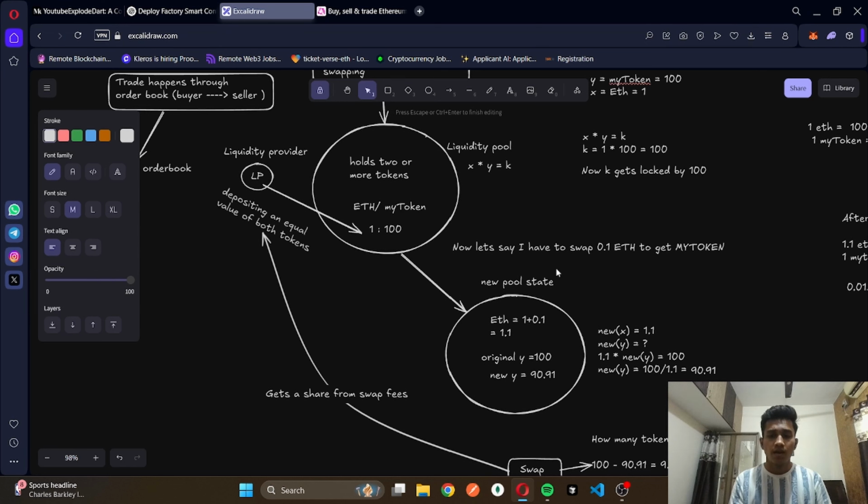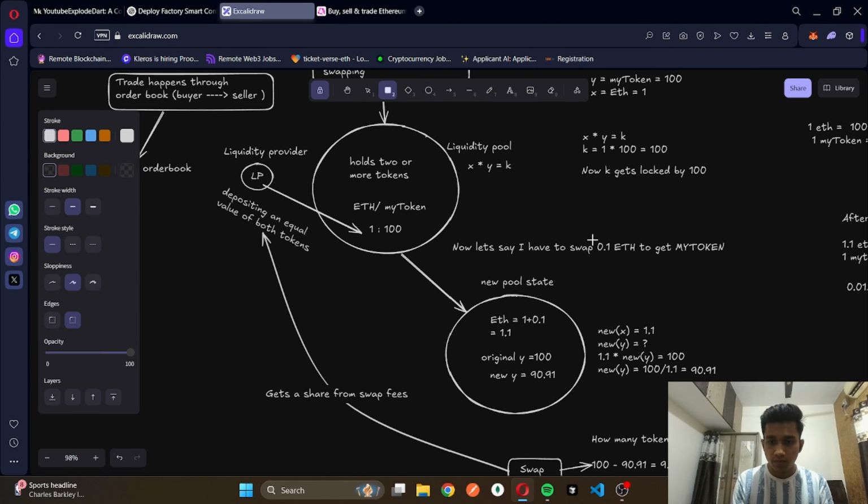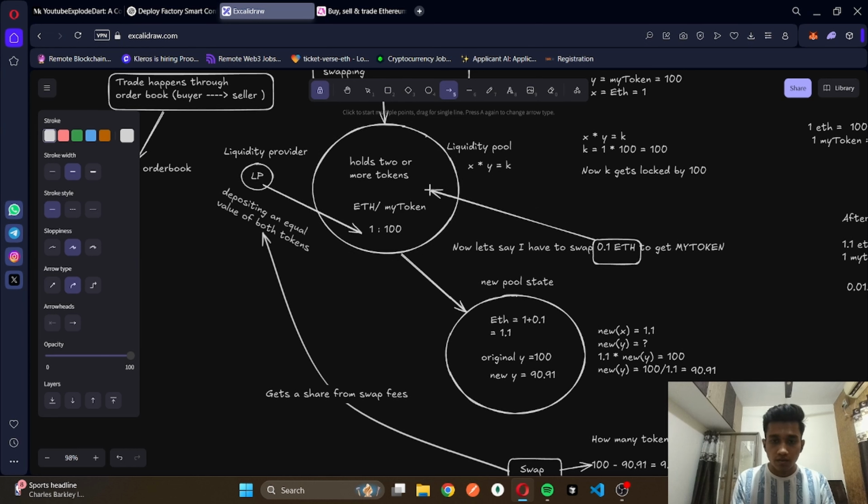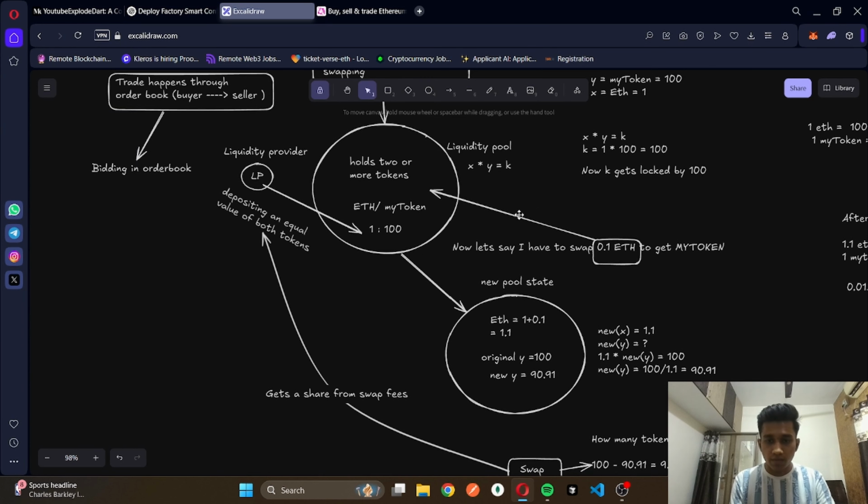Now let's say you or I want to swap 0.1 ETH and get my token. So how many my tokens will I get? Let's say this 0.1 ETH is being transferred to this pool by me.